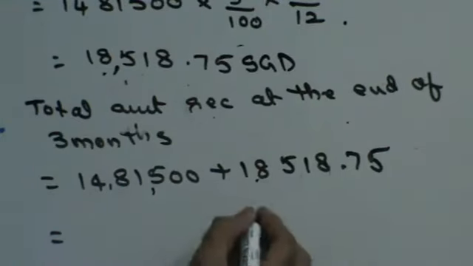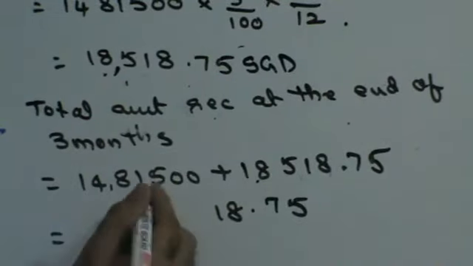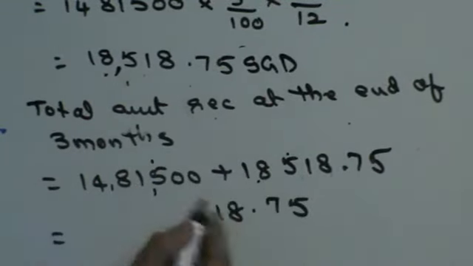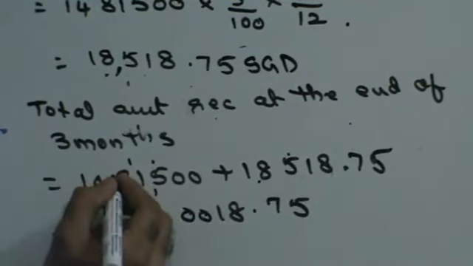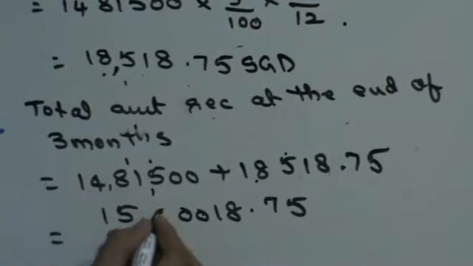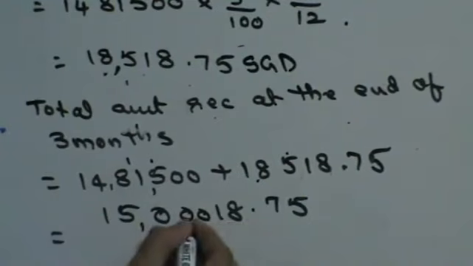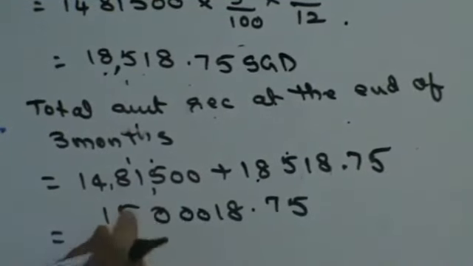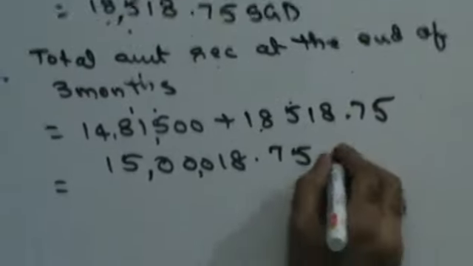It's 15,00,018.75. That's 15,00,018.75 Singapore dollars I will have with me at the end of 3 months.